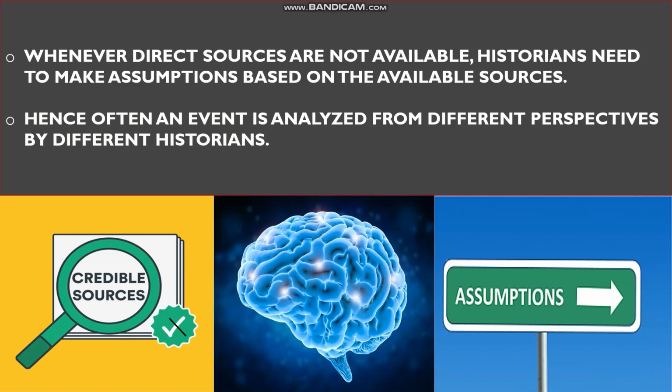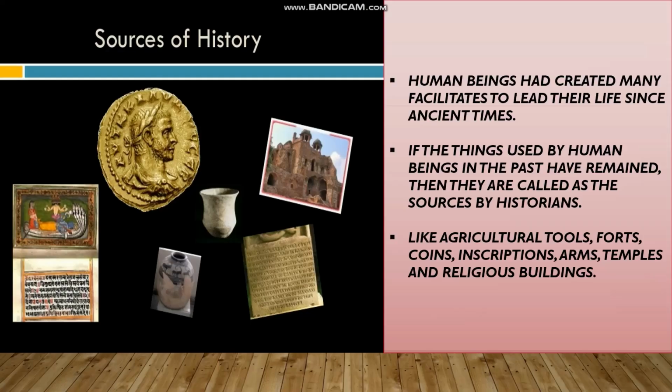Do you understand? The same past event may be presented in different ways by different historians, because there were no direct sources about it. So the historians have to make some assumptions, and based on that they write the history.